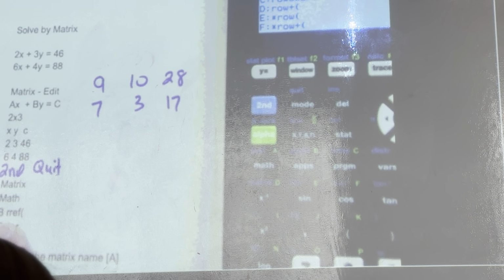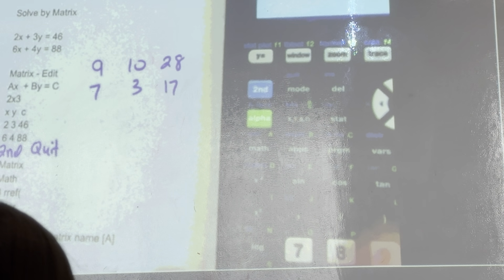I went up actually. So RREF, and then you have to enter the matrix name. You have to tell what matrix you want it to solve. So second matrix again, the name, it says name, A. Press enter.